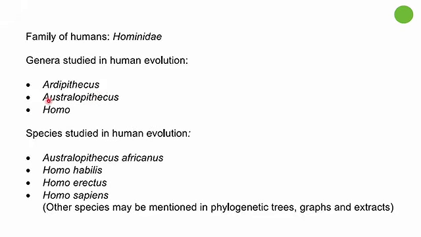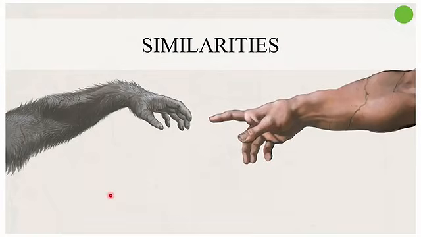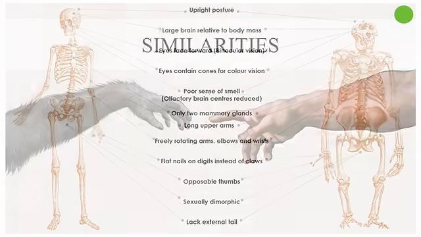Some of the examples you would experience in a test, or that your teacher would discuss with you, include Australopithecus africanus, also known as Mrs. Ples, Homo habilis, also known as handyman, Homo erectus, and then the Homo sapiens example, which is you guys. Right, so we're going to dig into some of the similarities that exist.